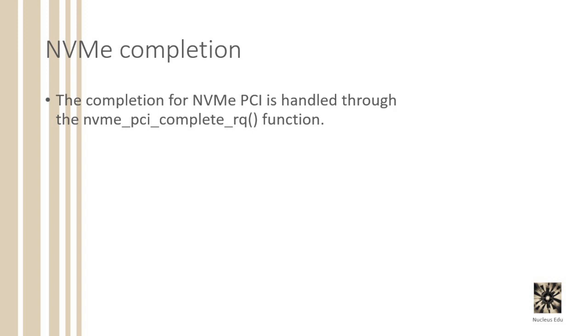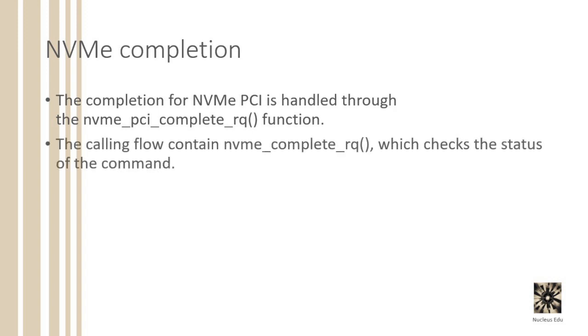Right, so for the completion of NVMe PCI, we again look back to the NVMe MQOP structure, where the .complete function is defined, which is pointing to NVMe PCI complete request. It is a small and simple function which first performs the unmap and calls NVMe complete RQ.